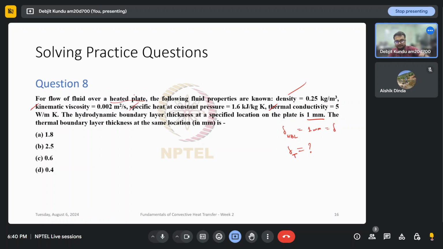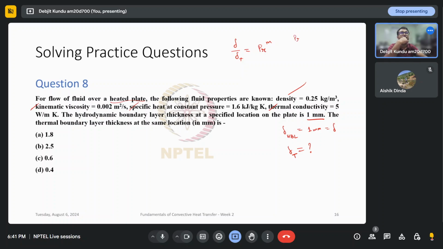So basically, we first have to see what the Prandtl number is, because the relationship between delta and delta t is usually given as the Prandtl number to the power m, and the value of this m depends on the value of the Prandtl number.